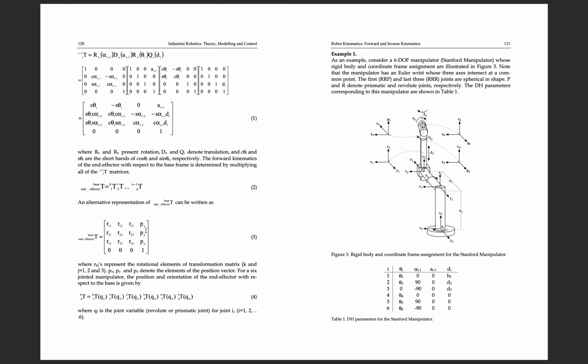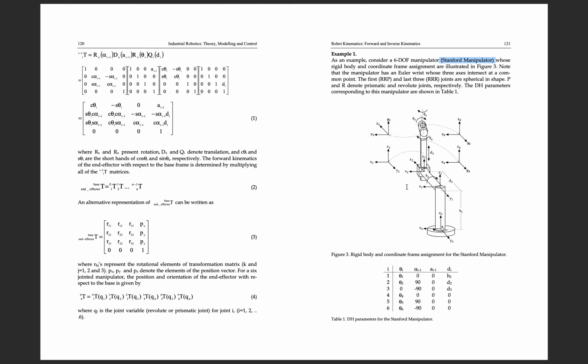Now, if we look at the example, this is a 6 degrees of freedom standard manipulator, called the Stanford manipulator. It was developed by Stanford University. What is interesting about this robot arm is that it has a prismatic joint, which here has d3.